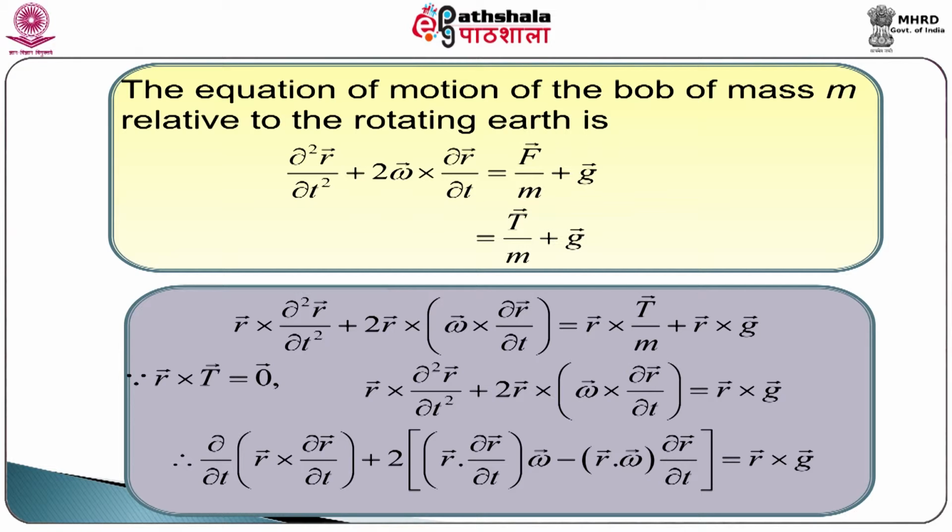Using the property of vector cross product, we can write this term here. Right hand side is written as it is. Here dot means we are considering dot product of two vector quantities.